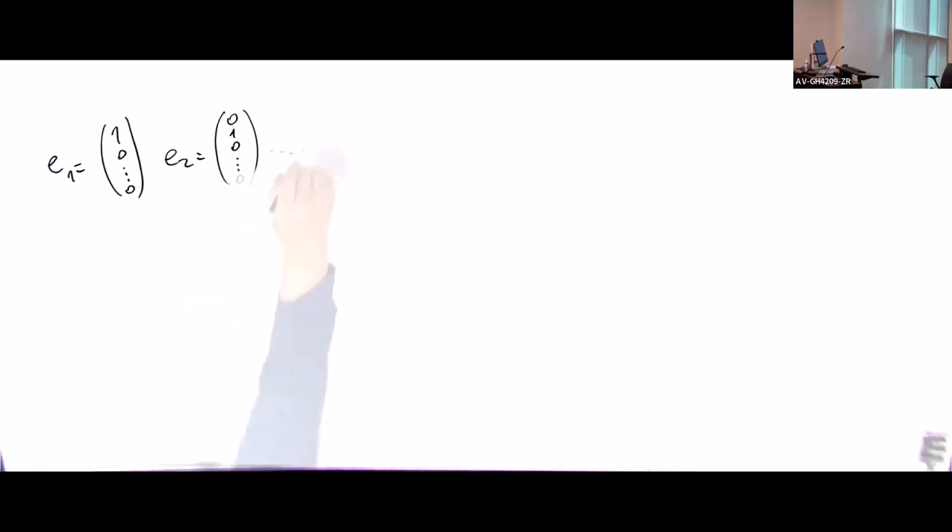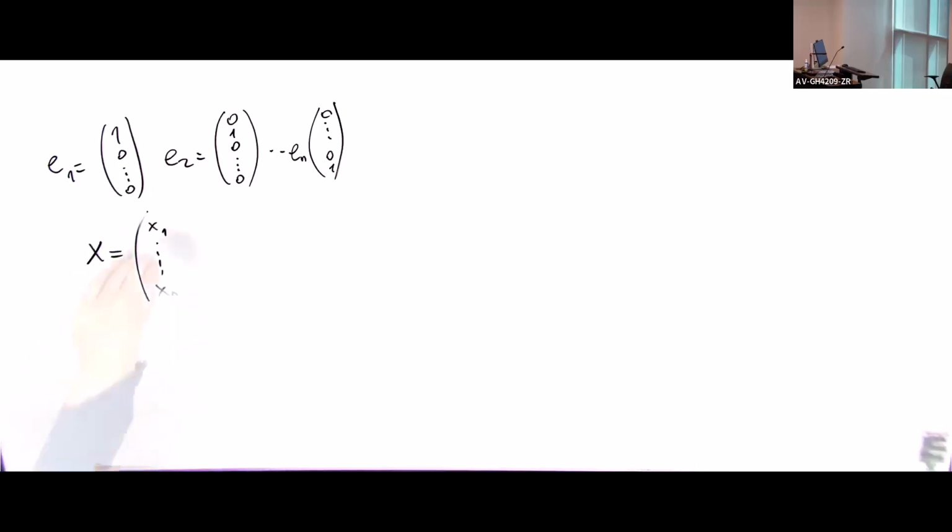And so on until we get En equals 0, 0, 1. These are elementary vectors. Now you want to represent a vector x, which is x1 through xn, as alpha 1 e1 plus and so on up to alpha n en. So what would be these numbers?